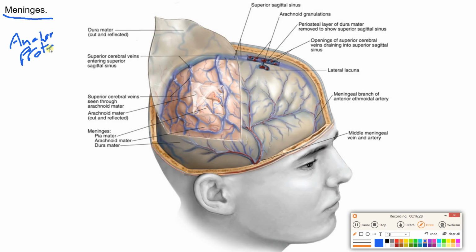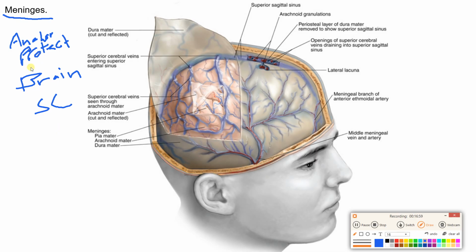And what two organs do we have in our dorsal body cavity? We've got the brain, and we've got the spinal cord. So my meninges, this trio of membranes in my dorsal body cavity, anchor and protect my two major dorsal body cavity organs, which are my brain, which is in my cranial cavity, and my spinal cord, which is in my vertebral cavity.